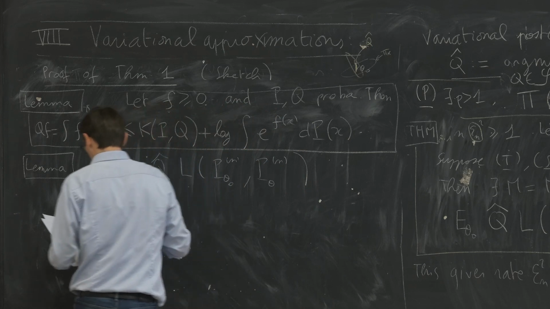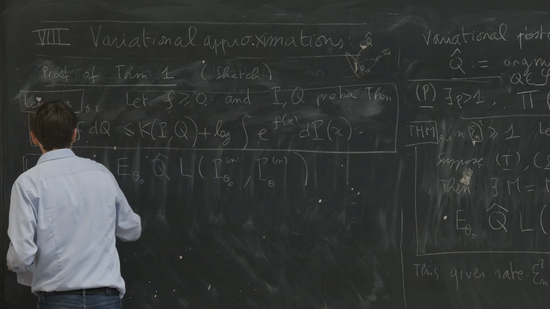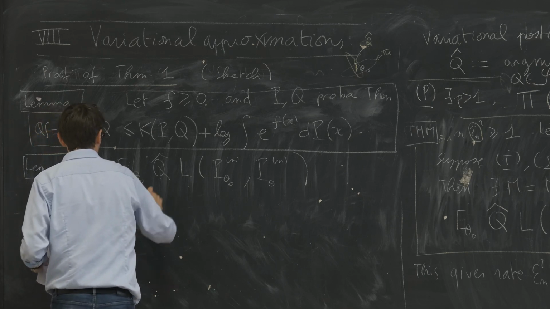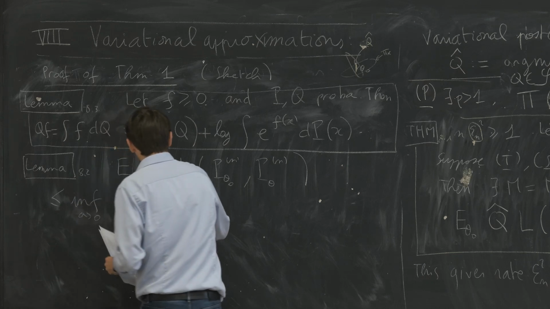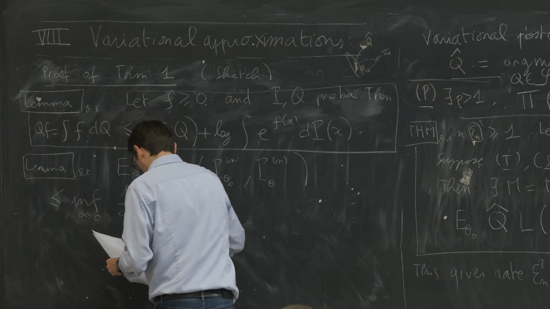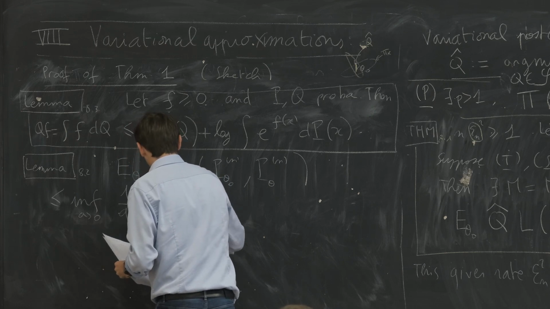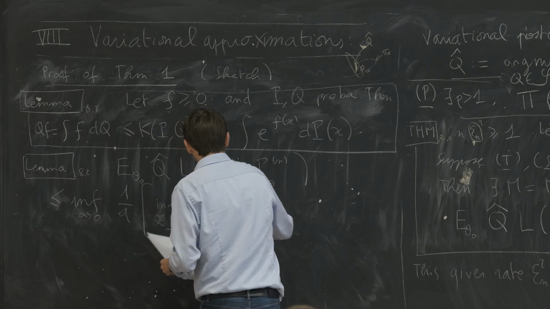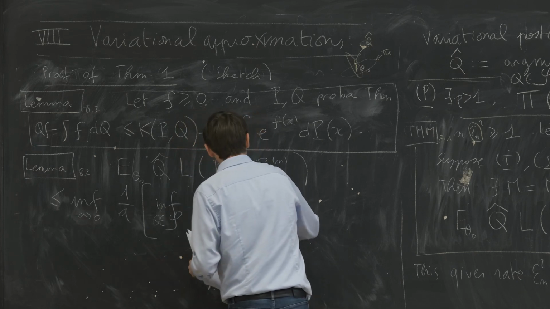This is smaller than the infimum over positive A of 1 over A times two quantities that appear in the theorem.